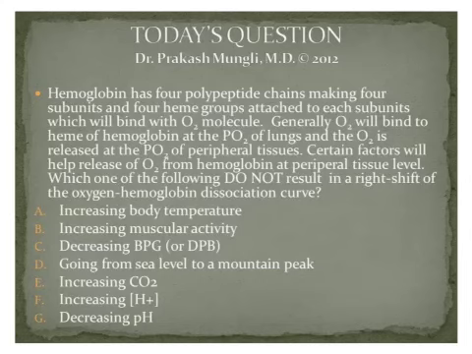Now increasing muscular activity. Whenever muscular activity is increased, there will be increased production of carbon dioxide, because the TCA cycle will be running at a faster rate. Carbon dioxide diffuses into RBCs and combines with water to make carbonic acid by the carbonic anhydrase enzyme, and carbonic acid dissociates into bicarbonate and protons.